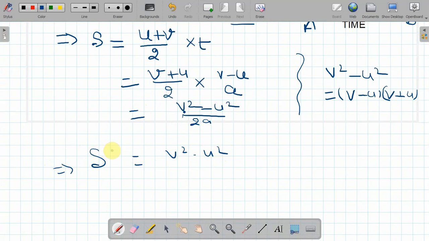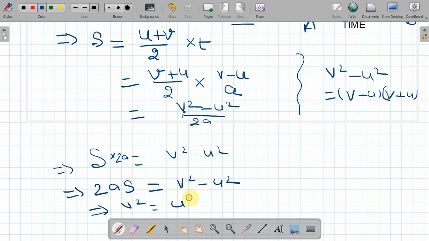I bring the 2A to this side, so into 2A. 2AS is equal to V square minus U square. So this implies V square is equal to U square plus 2AS, bringing U square to this side. So this is the third equation of motion.